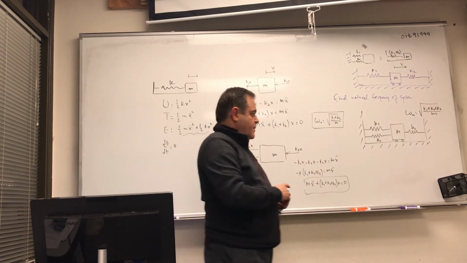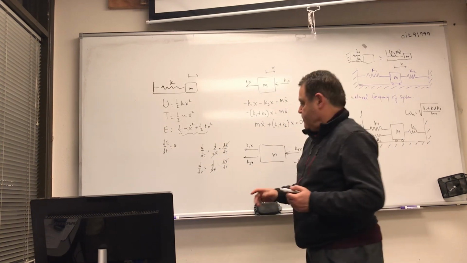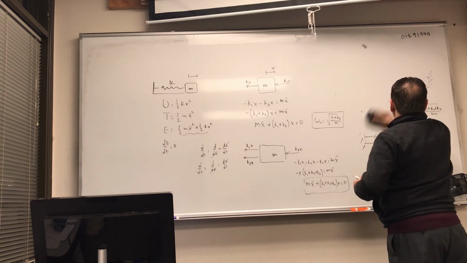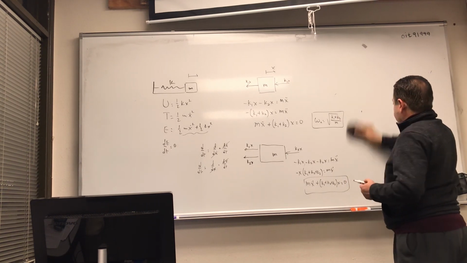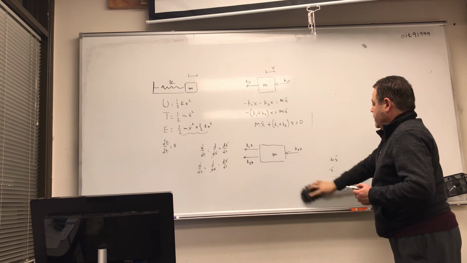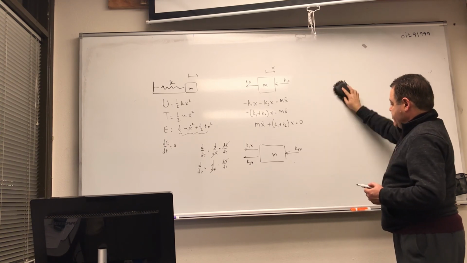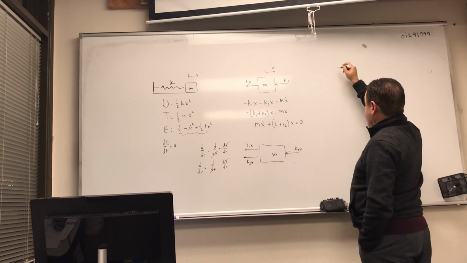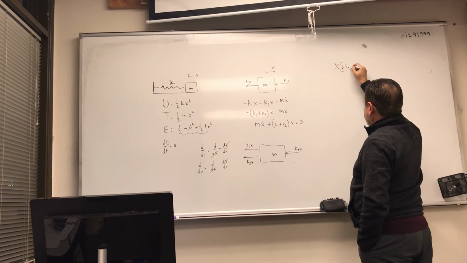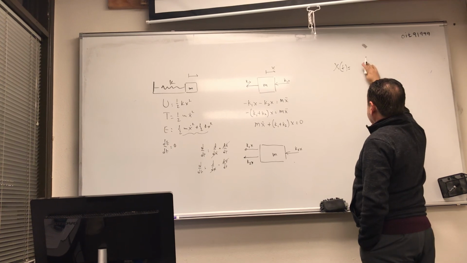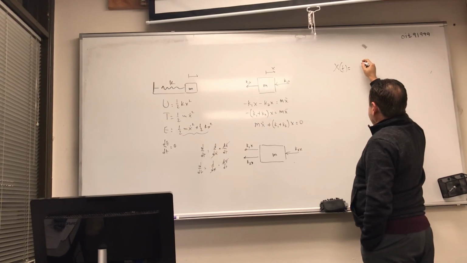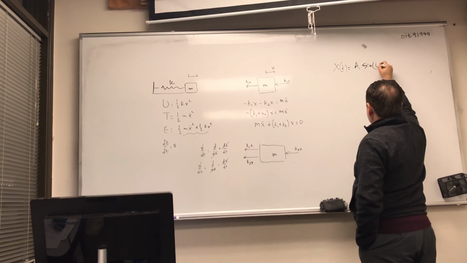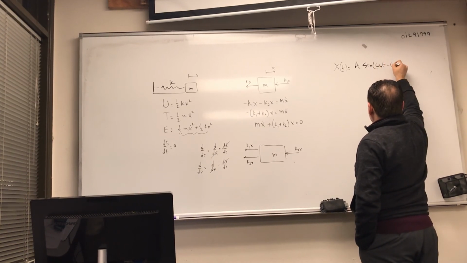Another thing is that you will be given, maybe told, you have a vibrating system that has to take the form x of t equals maybe A times sine omega n t minus phi, right?